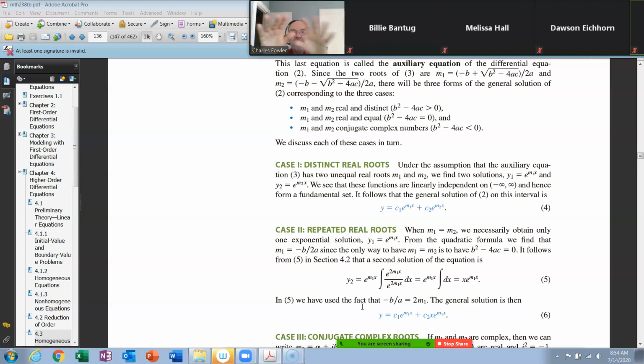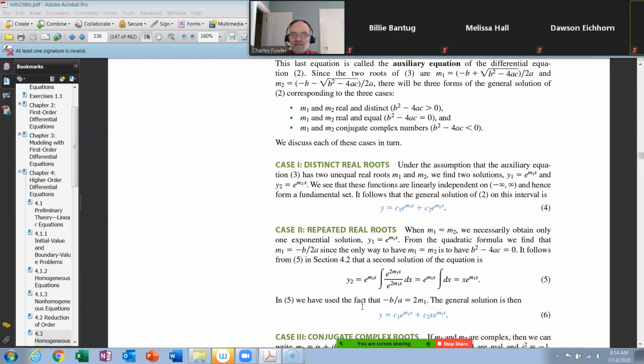Because that's going to work in every derivative. You're going to get an e to the mx, and then they're all going to be constants. You can have m's and m squareds and m cubes or whatever, but they're all going to be constant coefficients. So that's your first assumption.